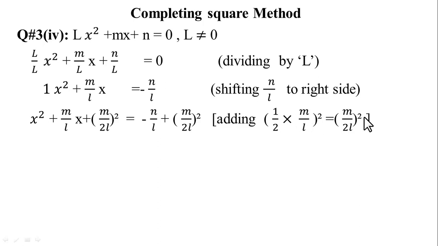M multiplied by 1 is m and 2 multiplied by L is 2L. So m over 2L whole square adding on both sides.